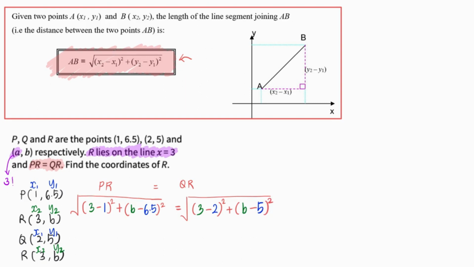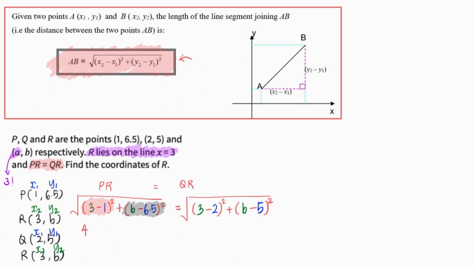I saw that both have square root, meaning I'm going to square both sides. So the next line, you will not see any square root anymore. Rather, you will see 3 minus 1 bracket square will be 4. And I'm going to continue to expand and simplify this using my algebraic product.